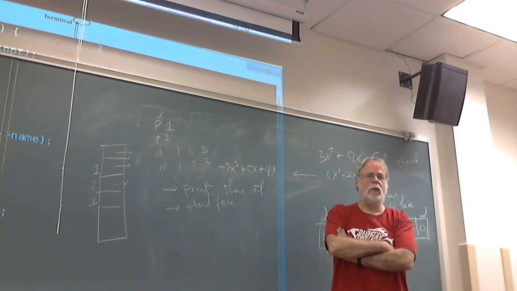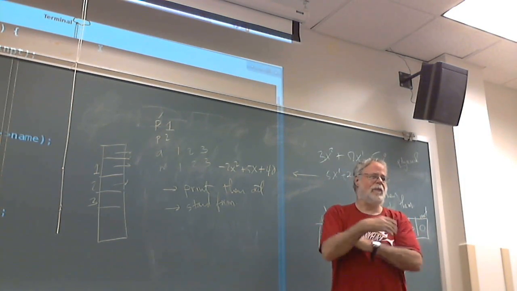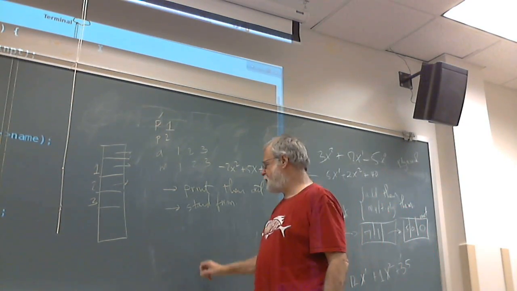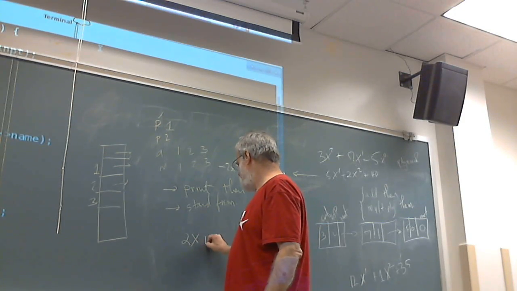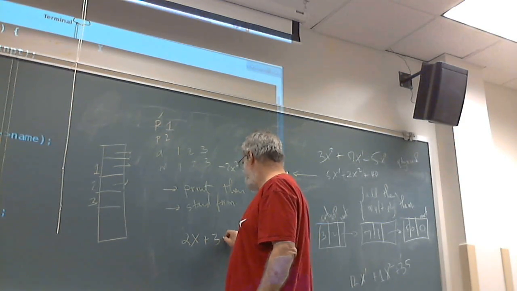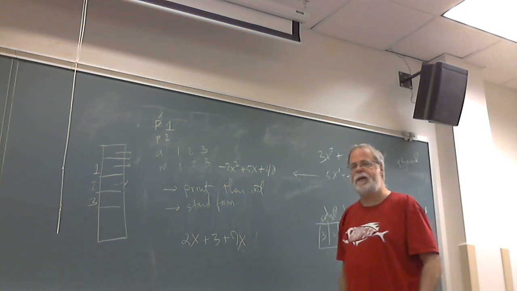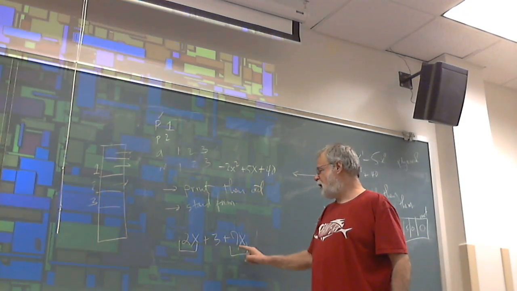And you have to deal with slobs. Well, I'm talking about users. Users will sometimes put in things like 2x plus 3 plus 7 plus 7x. What about this and this? These are like terms, right?